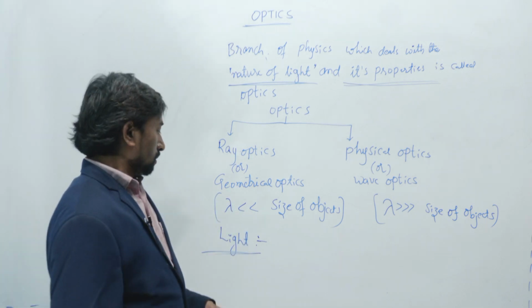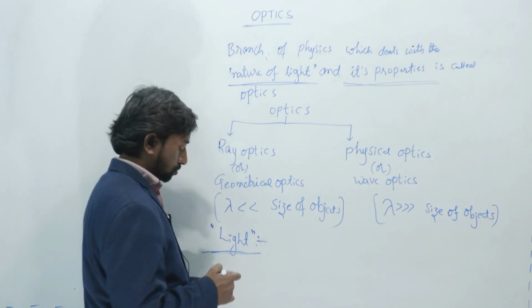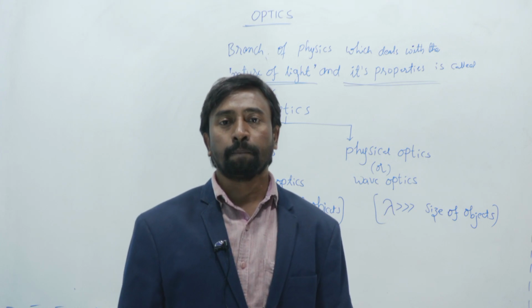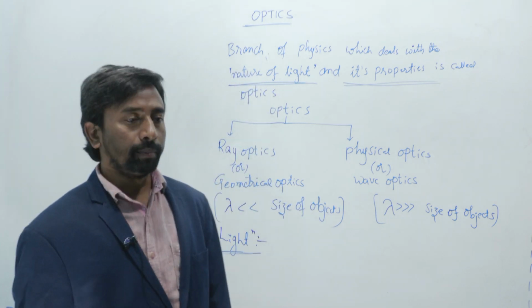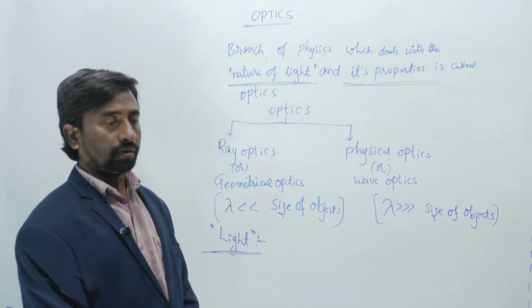The main source of this light, we know, is the Sun. From the Sun we get the light. The light travels from the Sun to the planet Earth in about 8 minutes.